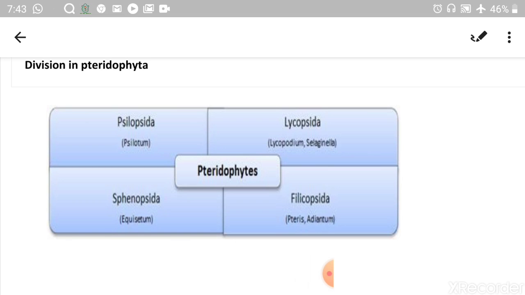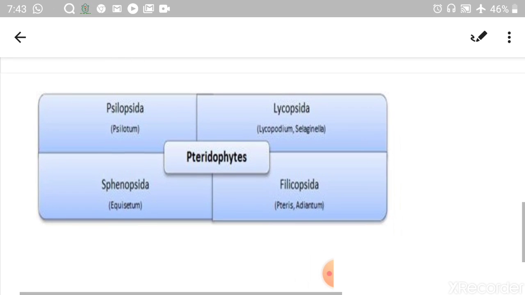The third class is Sphenopsida. In Sphenopsida, stem is jointed and ribbed with leaves, and branches borne in whorls. Example of Sphenopsida is Equisetum.